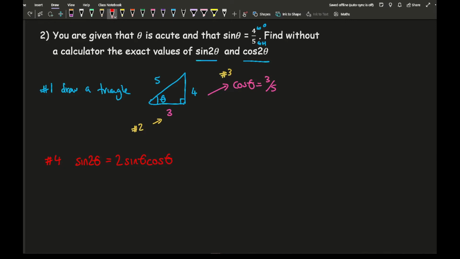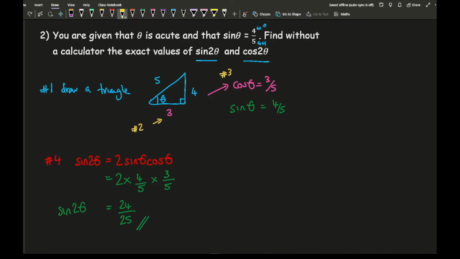I know that sine theta is 4/5, so let me just write that down. So I've got 2 times sine theta, which is 4/5, times cos theta, which I've worked out as being 3/5. If I then work that out, that gives me an answer of 24 over 25. So here, sine 2 theta equals just that.